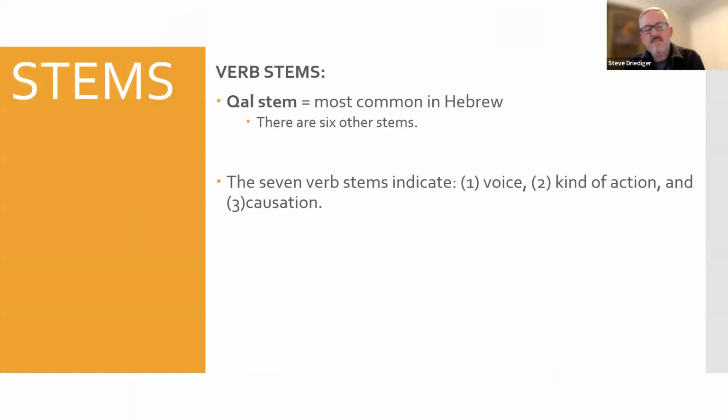So the qal stem, and these names, the names for the stems actually indicate the vowel pattern that gets used in the stem. So they're not random. They're actually taken from one particular verb as it gets used in all of the stems. In the qal stem, what we're talking about is basic action. It's a simple active voice. So in the qal stem, take the verb qatal. It means simply he kills.